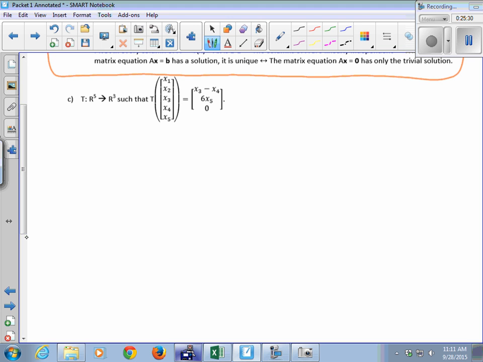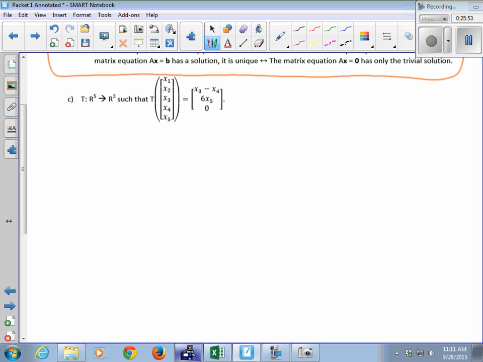All right, we've got one more example before the activities. Here I have a transformation T that goes from R5 to R3. T of any vector from R5 becomes a vector in R3 by taking x3 minus x4 as the first entry, 6x5 as the second entry, and 0 as the third entry.